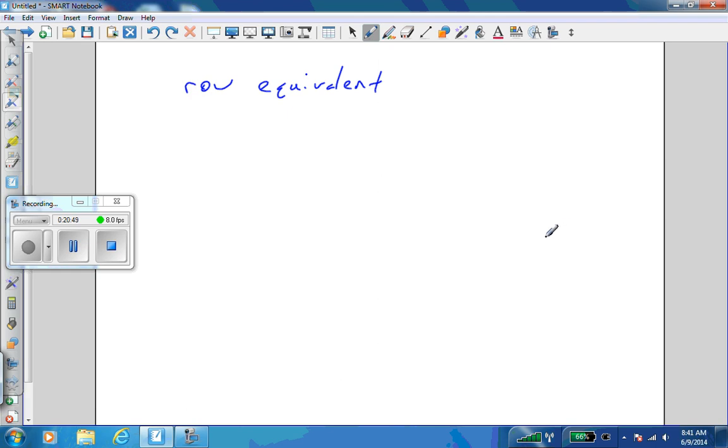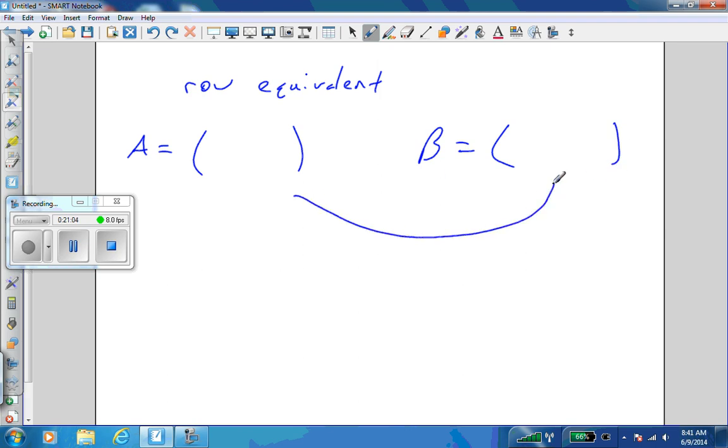Matrices are said to be row equivalent if we can attain, say this is matrix A and this is matrix B, if we can attain this matrix from just doing some row reduction of that matrix, or if we can do any allowable row operation on this matrix and end up with that one, then they're said to be row equivalent.